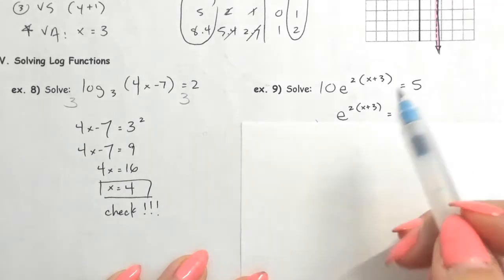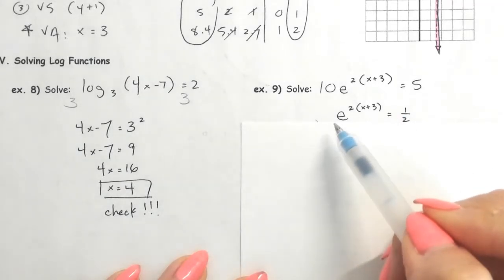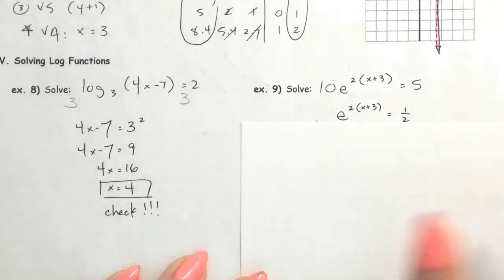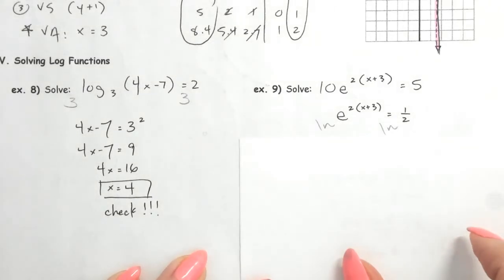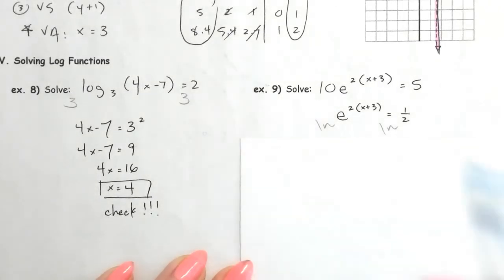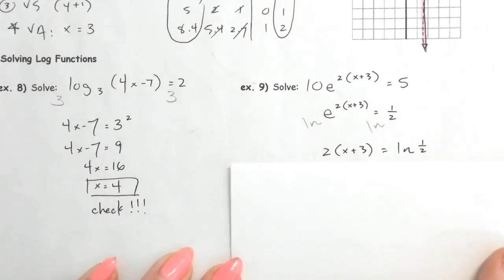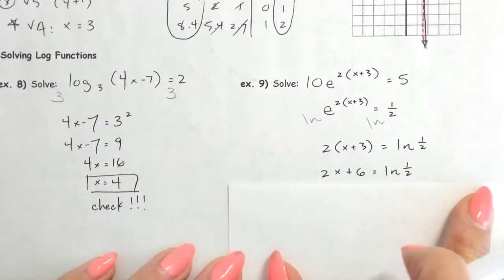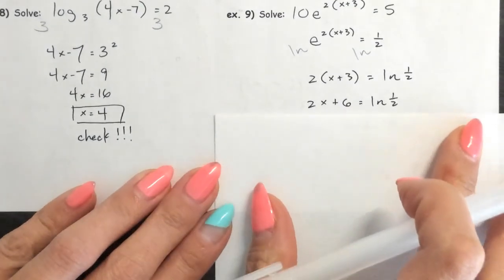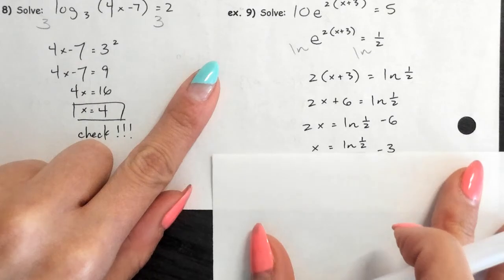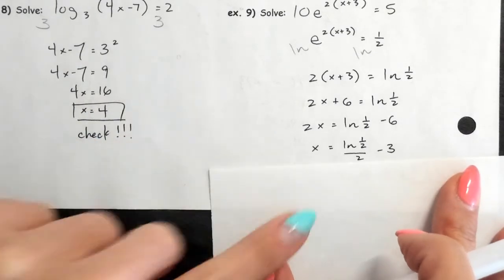And now I can do log base e, so I just use ln. So ln both sides. Now on the left side, I just have my 2 times the quantity. On my right side, I have an ln of 1/2. And then I keep going and I solve for x. So multiply it out, solve for x. Okay, this is one answer.